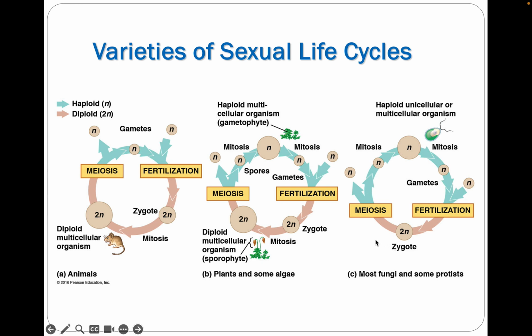That zygote undergoes meiosis to produce haploid gametes, and those haploid gametes are what develop into a unicellular or multicellular organism. So the zygote down here doesn't do mitosis. That's the difference for fungi and protists.